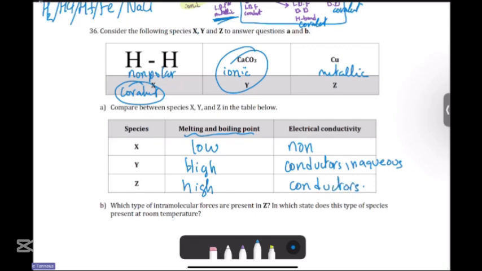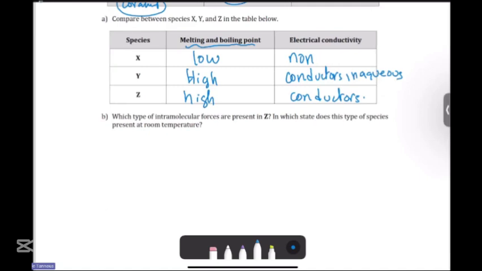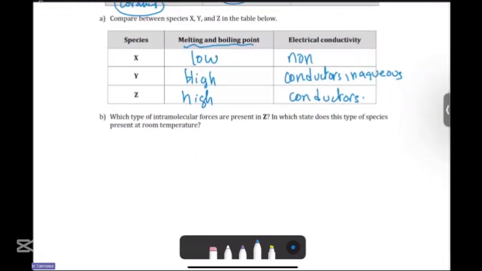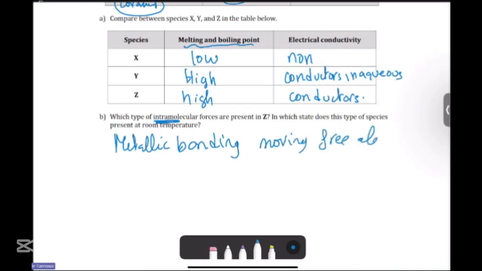Now the last question, which type of intermolecular forces are present in Z, the metallic bond? So it's a metallic bonding, be careful, intra, metallic bonding resulting from moving free electrons between positive cations.